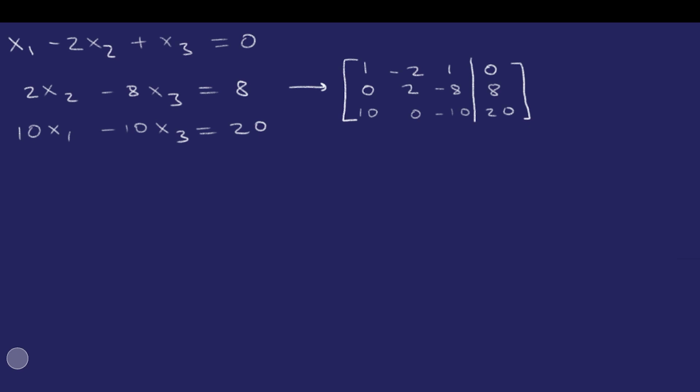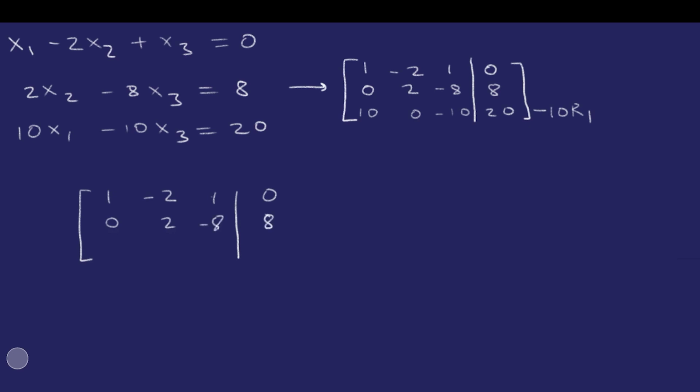What I'm going to do is subtract 10 times row 1 from row 3. Okay, let's do it. And that's because there's a 1 in the first row's index. Exactly. So I'm going to use that 1 to kind of annihilate the 10. So I have 1, -2, 1, 0, 0, 2, -8, 8.